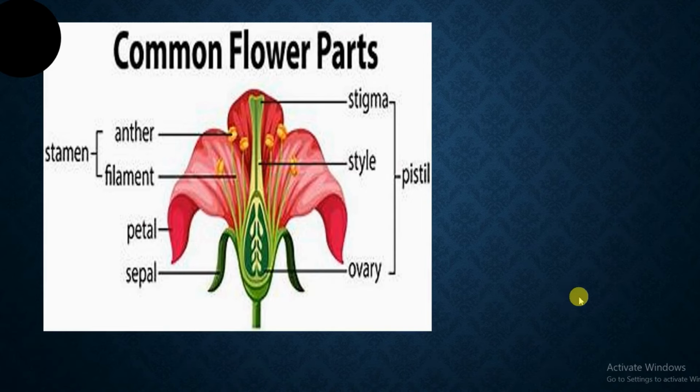Now, what are the different parts of a flower? We know that the flower is the reproductive part of a plant. In a flower we have the male part and the female part. It can be either one of them, or a combination of both. Along with that we have the colorful petals, the colorful part of the flower.